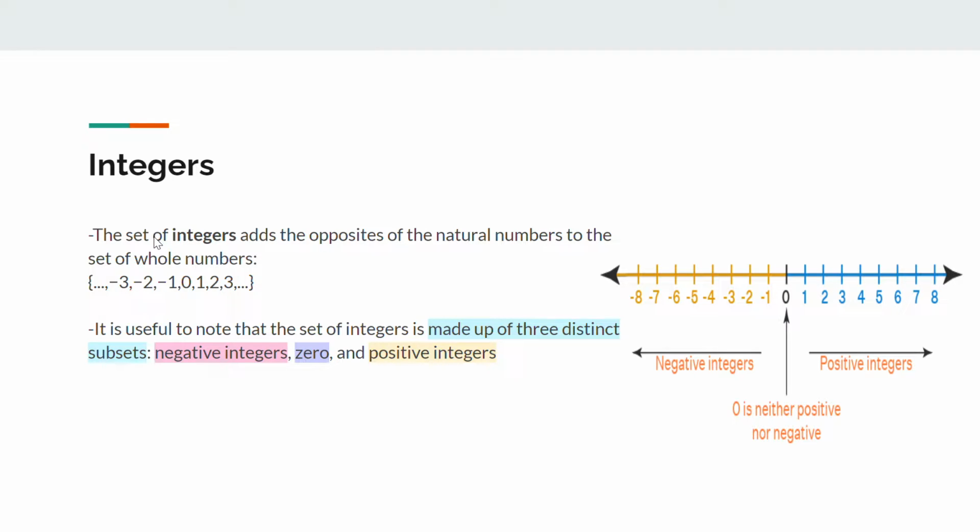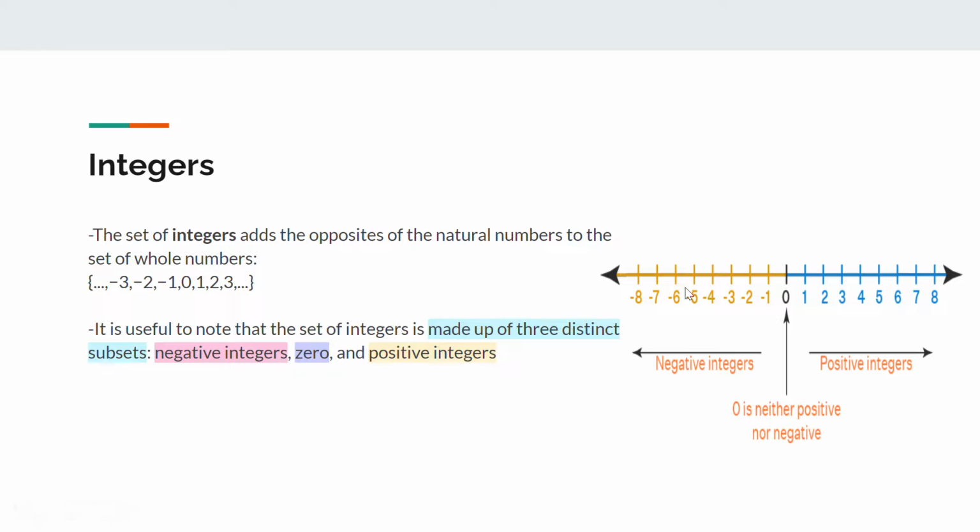So the set of integers can be expressed as starting from negative infinity, then -3, -2, -1, and then we've got 0 over here, and then 1, 2, 3, 4, 5, 6, and it continues to infinity again.